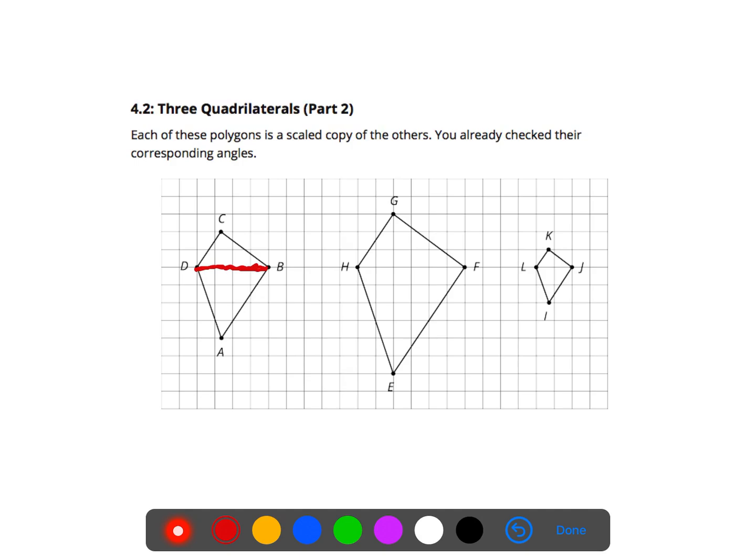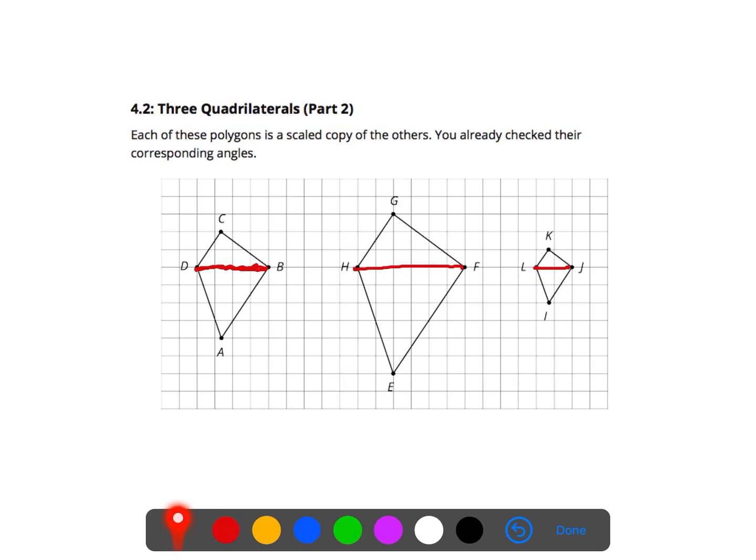Now, if we go to the figure beside it, which is figure EFGH, we would be talking about this corresponding distance from H to F. And in the other figure, we would be talking about L to J. Okay, then it's going to change directions.